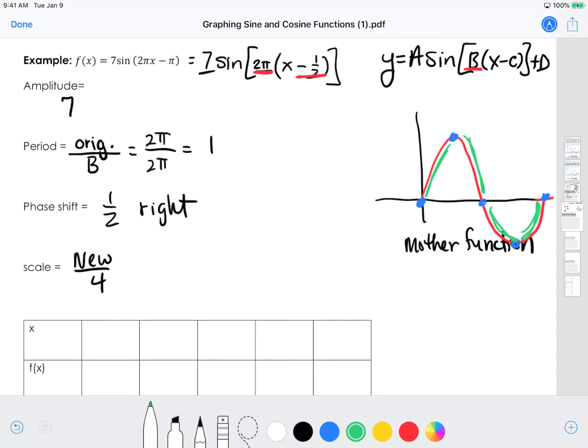So I always want to take whatever my period is and divide it by 4 so I know how to scale it. So that means my scale is going to be 1/4 because my new period, let me put new period here so you have it in your notes. Your new period is 1 for the shifted function, and I divide by 4.